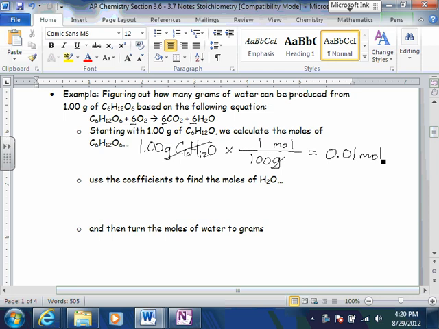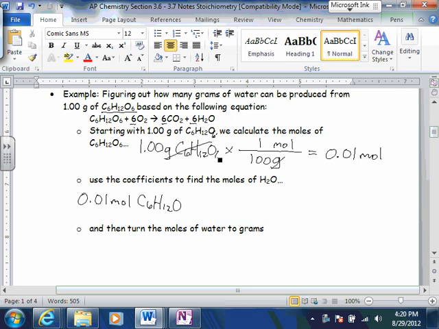Okay. Now, once we have that, we use the coefficients to find the moles of H2O. So 0.01 moles of C6H12O. Oh, it is O6. That's a typo. I apologize. In the equation, it's C6H12O6. Okay. So I think I was right. About 180.